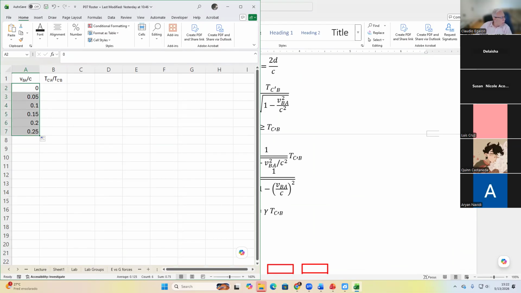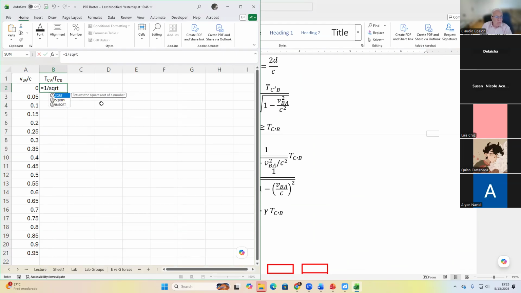Yeah, that's a good ratio. And TC prime A over TC prime B is equal to what? It is 1 divided by the square root of 1 minus this value here, the square.